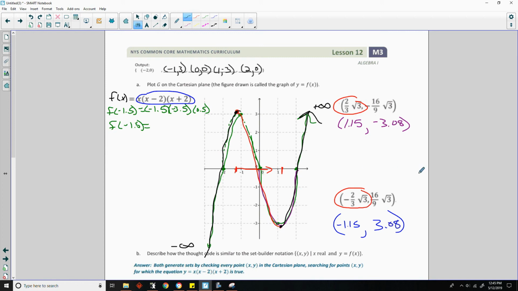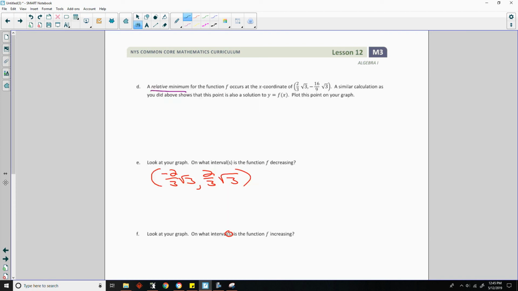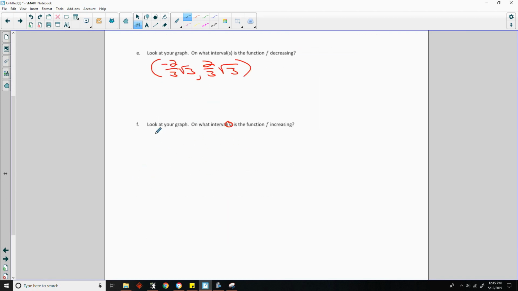As we go to the right forever and ever, this is still going up. As we go to the left forever and ever, this is still going to go down. We just need to indicate our points where it stops increasing, which is the point negative 2/3 square root 3. So my interval is from negative infinity to negative 2/3 square root 3.